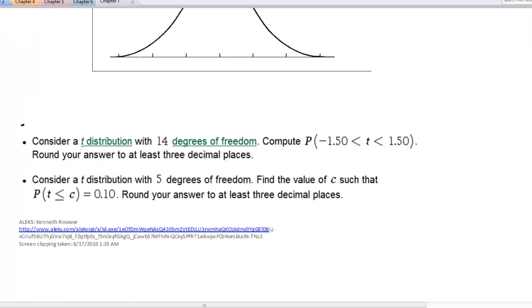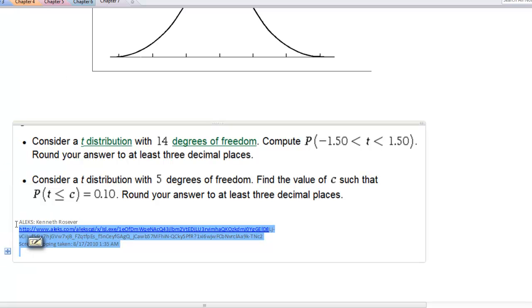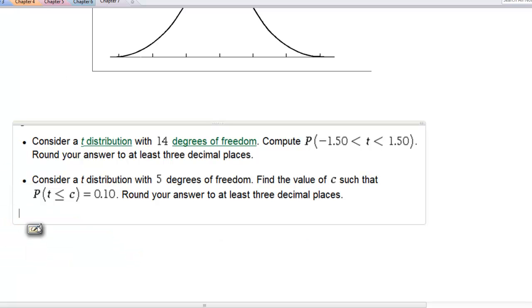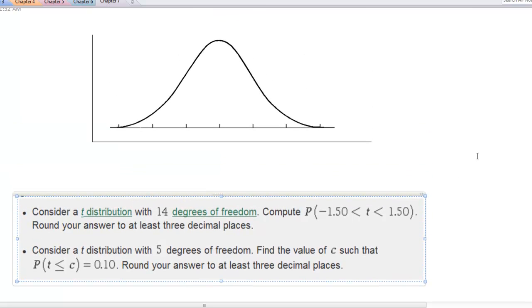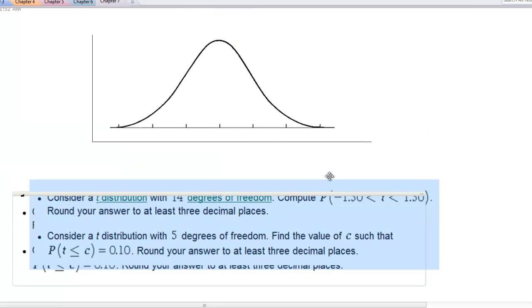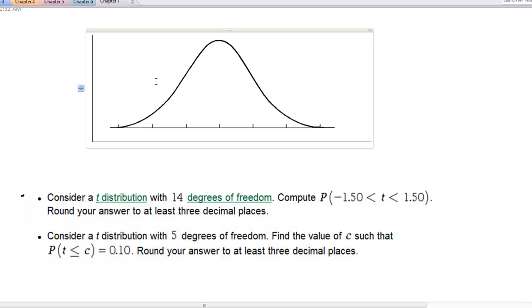Because it's asking for the area in between, I'm going to first show you a picture and then tell you a little shortcut formula for whenever you have a problem like this. There's a very easy way to do it. Even though I'm using a standard normal curve here, the pictures are pretty close, so it doesn't matter. This is still a bell-shaped curve.